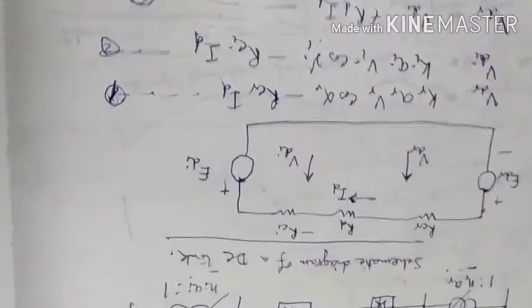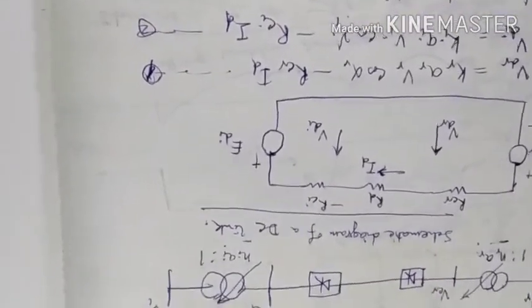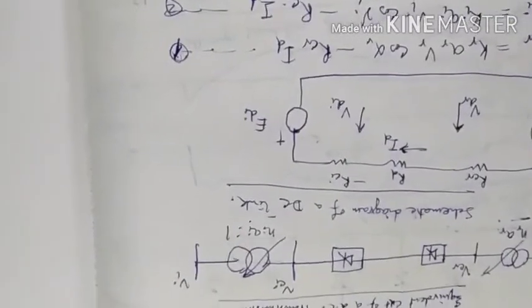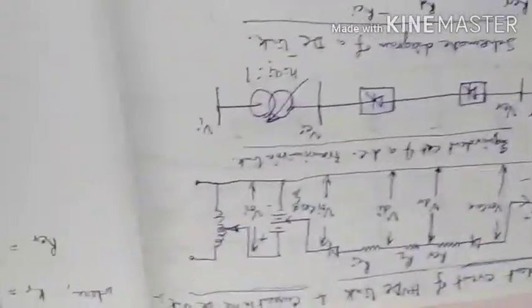So from equations 1 and 3, they represent the steady state equivalent circuit shown in the second figure, the schematic diagram of the DC link.